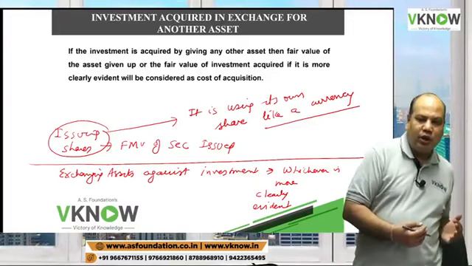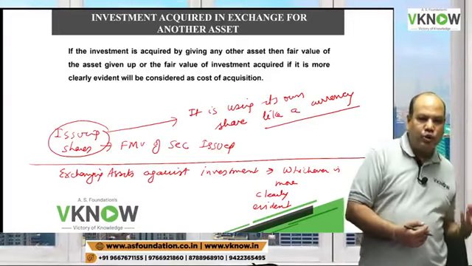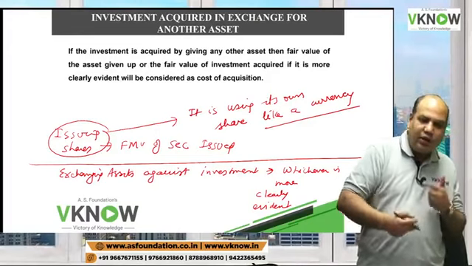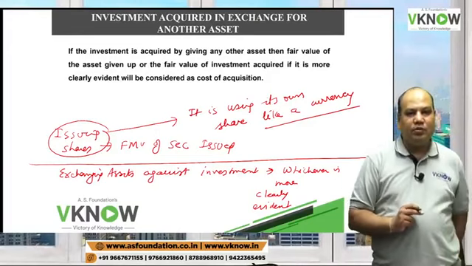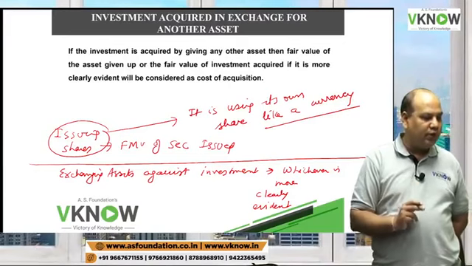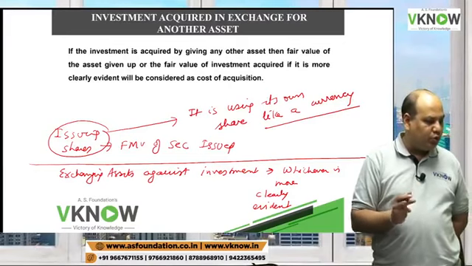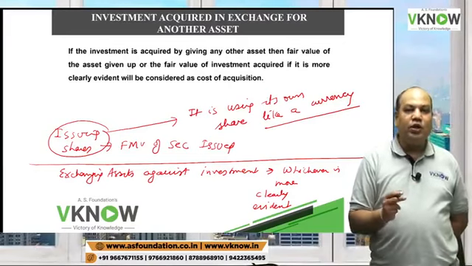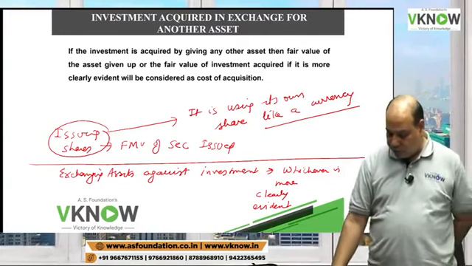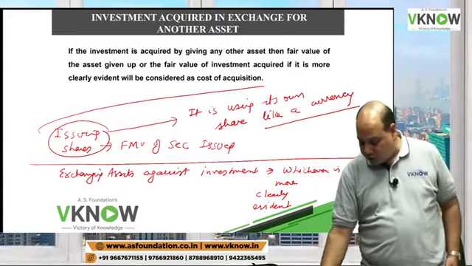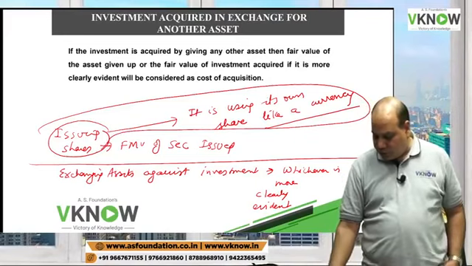What do I do? I issue shares to you. I'm using my company share as a currency to make the payment. So therefore they say that you use the fair value of your share, which you are more or less using like a currency. Although that logic is not given anywhere, but that is how it is.